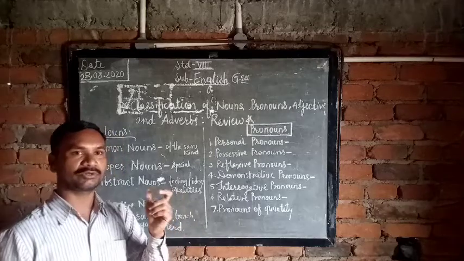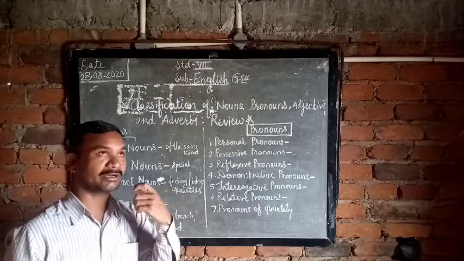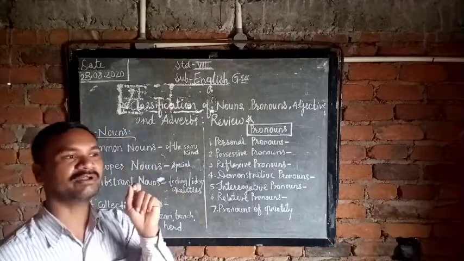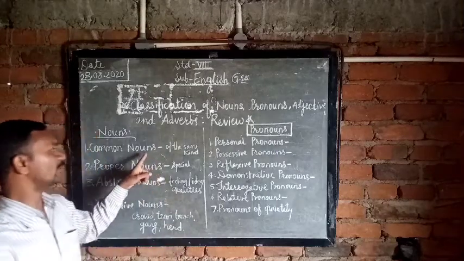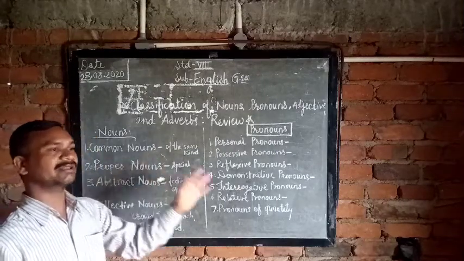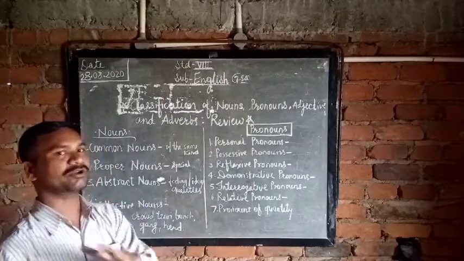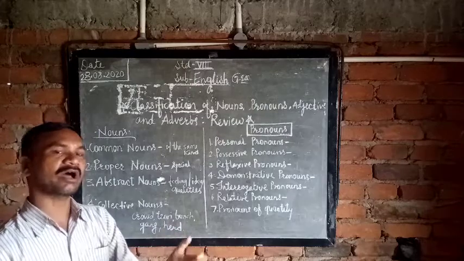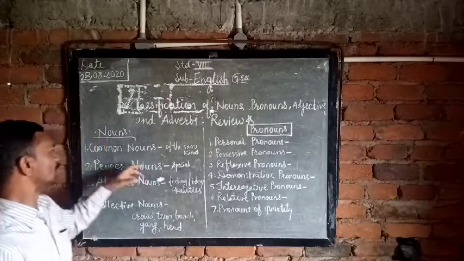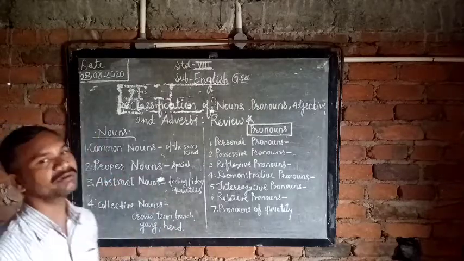Because we do not give attention to one particular boy or girl. When we talk about boy, all kinds of boys come in, and when you say girls, all kinds of girls come. That's why these are common nouns.